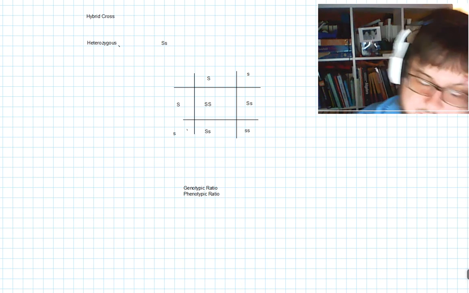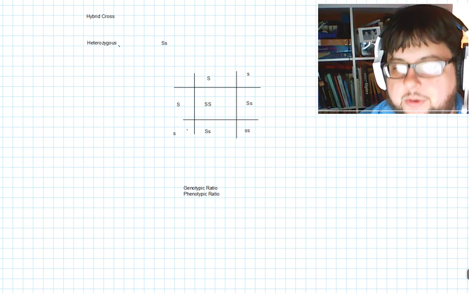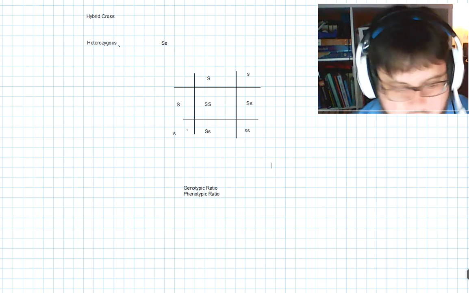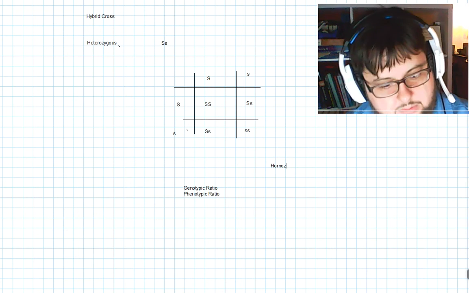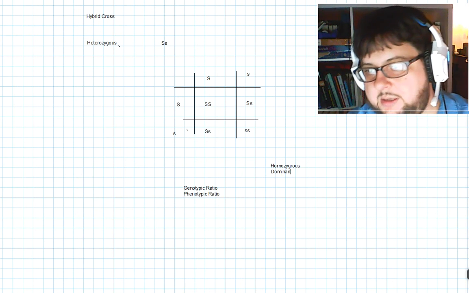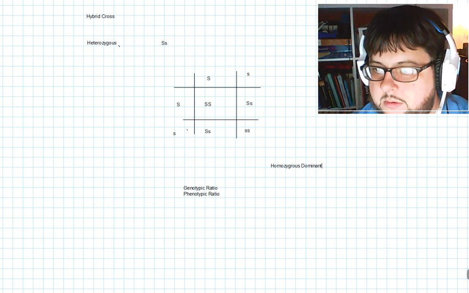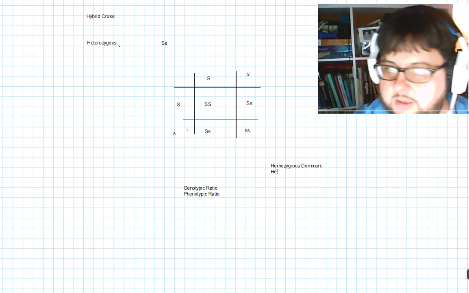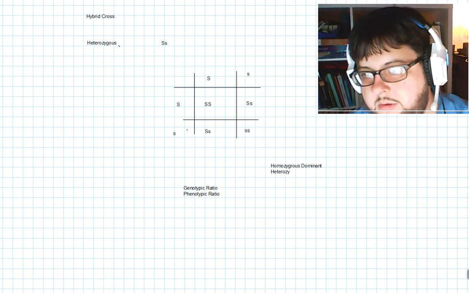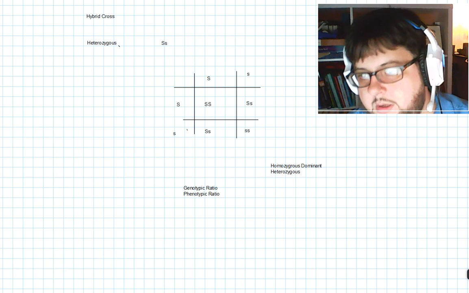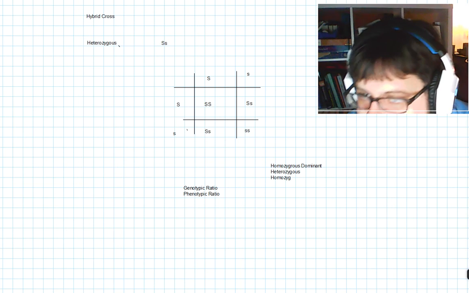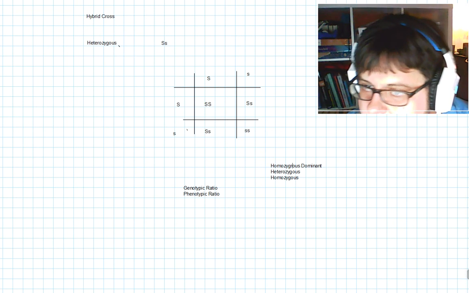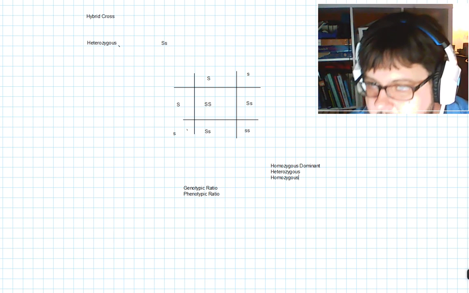So the genotypic ratio is the ratio of homozygous dominant, heterozygous, and homozygous recessive.